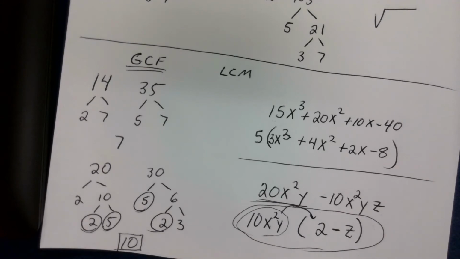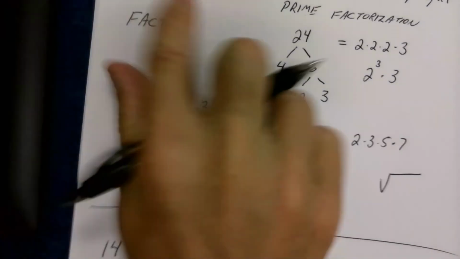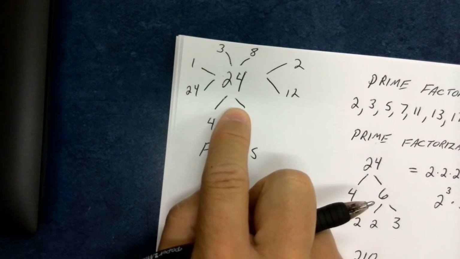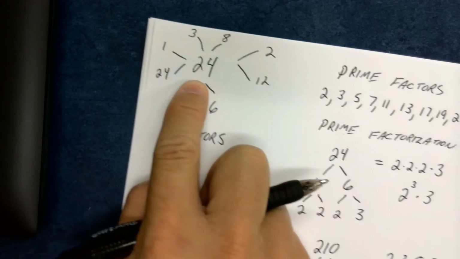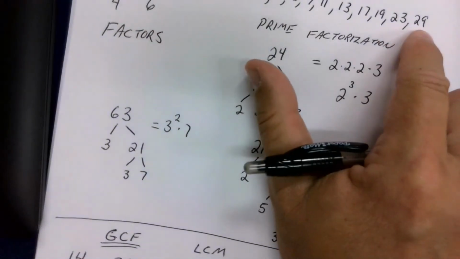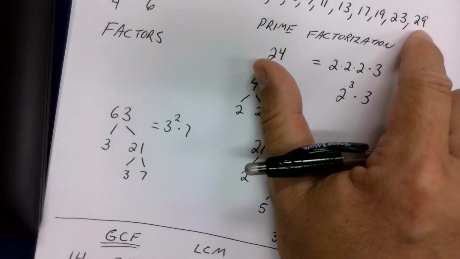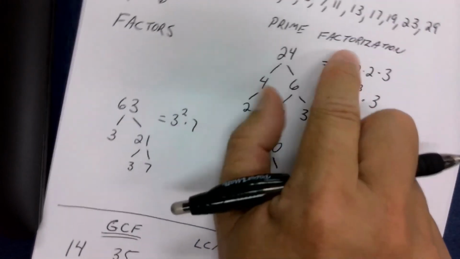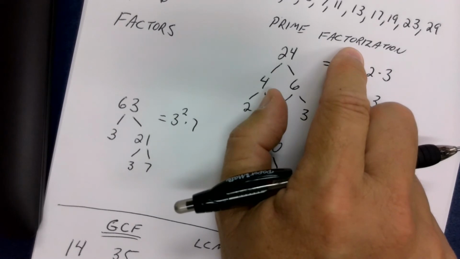If I was to, say, break this down into these two factoring things. Okay? So again, in summary, factors are any two numbers that multiply together to equal an original number. Prime numbers are all the numbers that are only divisible by 1 and themselves. And we can do something called a prime factorization.